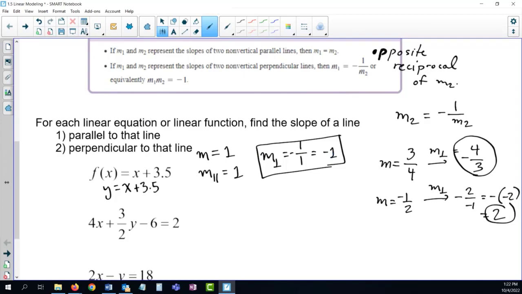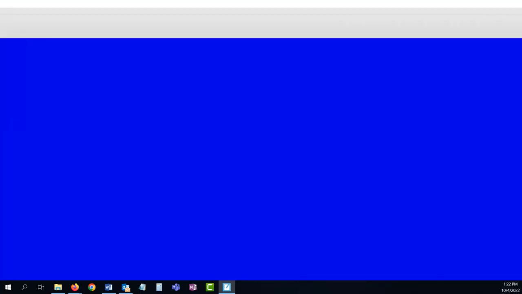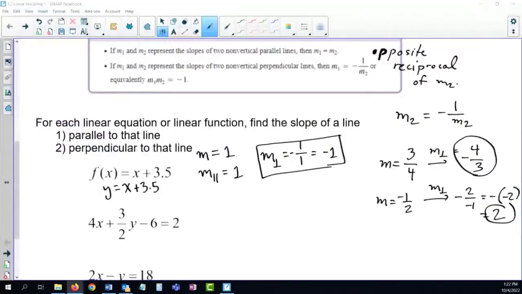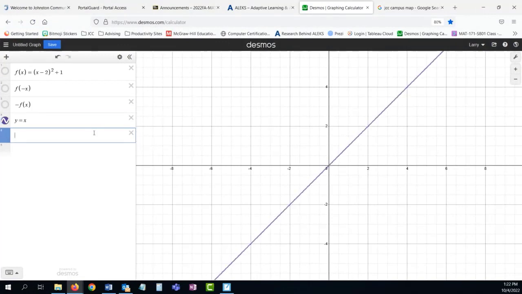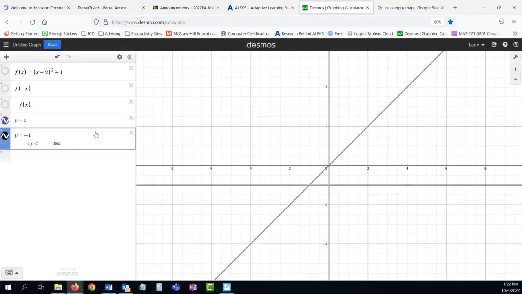Okay, what does that mean? Let me show you an example here. Just write real quick, y is equal to x, y is equal to negative x.